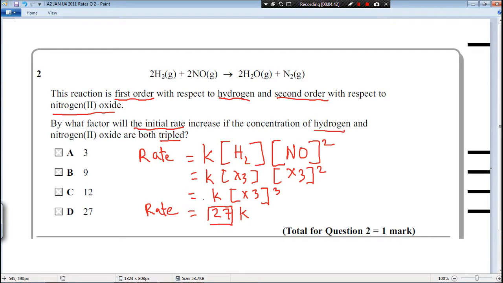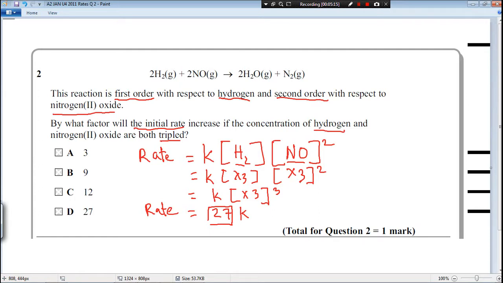Fellas, I hope that you have understood how we found this factor. Just substitute the factors to the corresponding reactants. Here the concentration of hydrogen is increased by 3 times, so we substituted the value 3, and the concentration of nitrogen 2 oxide is also increased by 3 times.